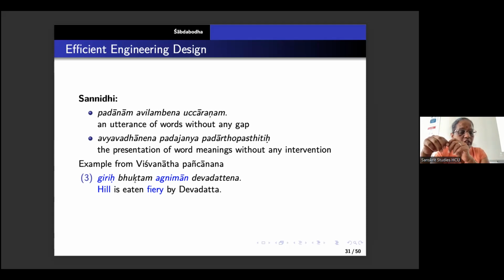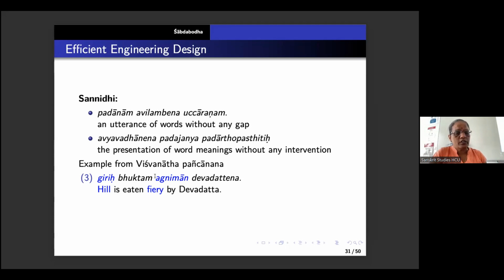So there, what he wants to point out is, if you have a sentence, Girihi Bhuktam Agniman Devadattena, it's a meaningless sentence. The sentence should have been Girihi Agniman, Devadattena Bhuktam. Devadatta has eaten something. It has nothing to do with Girihi Agniman. But instead of saying this, if you intervene Girihi and Agniman with Bhuktam, then you fail to understand this sentence.